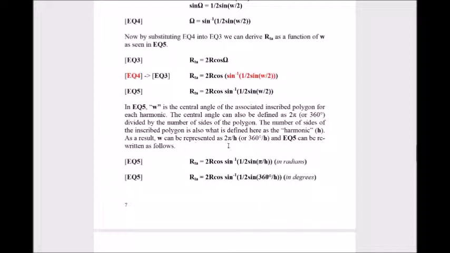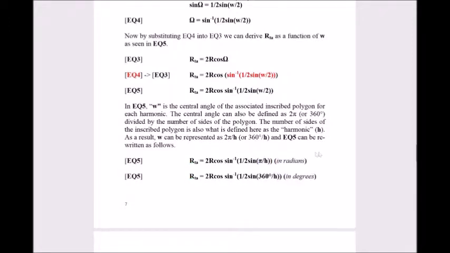And as a result, W can be represented by 2 pi over h for radians, or 360 divided by h in degrees. And equation 5 can be rewritten as the following. And this will be used in subsequent videos to more precisely calculate the value of the conical radius for other harmonics.